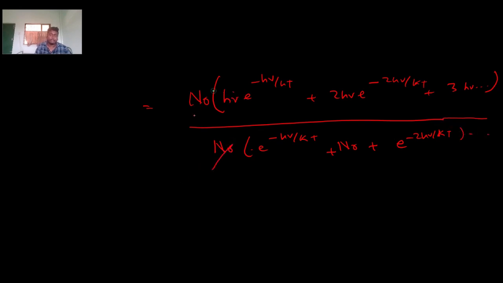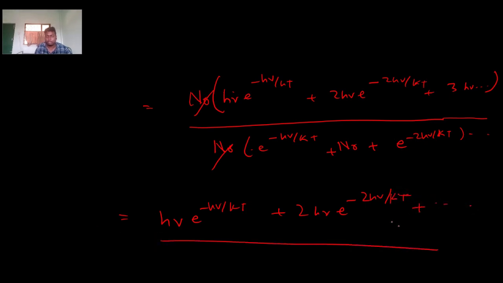So N naught will cancel, and you get h nu e to the power minus h nu by kT plus 2h nu e to the power minus 2h nu by kT plus and so on, divided by 1 plus e to the power minus h nu by kT plus e to the power minus 2h nu by kT.